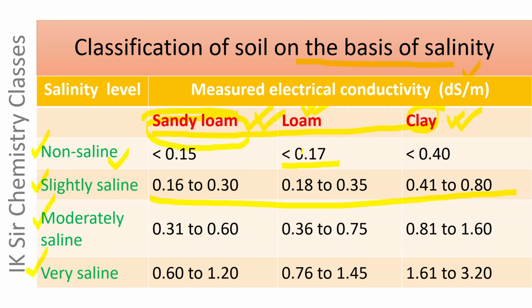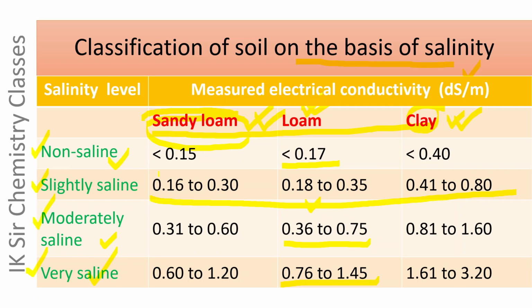In slightly saline loam soil, the electrical conductivity is in the range 0.18 to 0.35, while in moderately saline loam soil, the electrical conductivity is in the range 0.36 to 0.75 decisiemens per meter, while if the electrical conductivity of water extract of loam soil is in the range 0.76 to 1.45 decisiemens per meter, it is very saline.